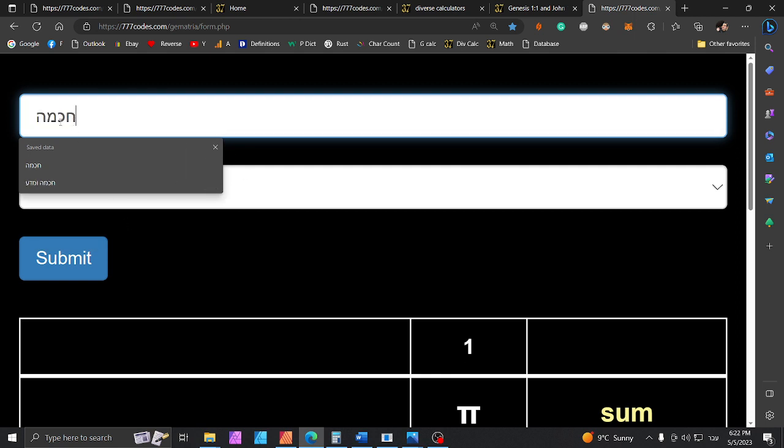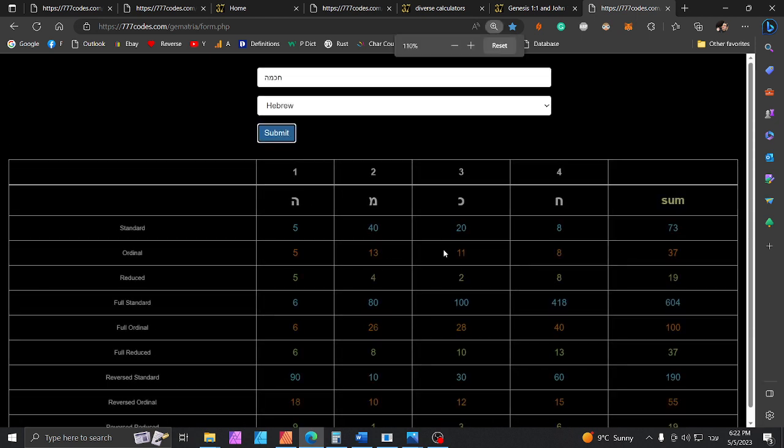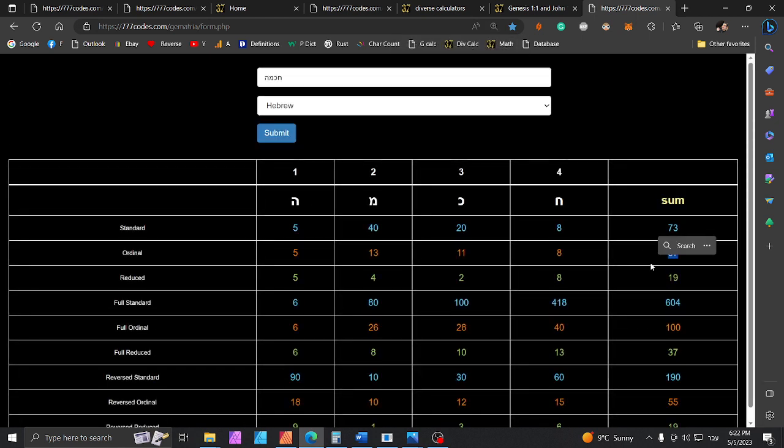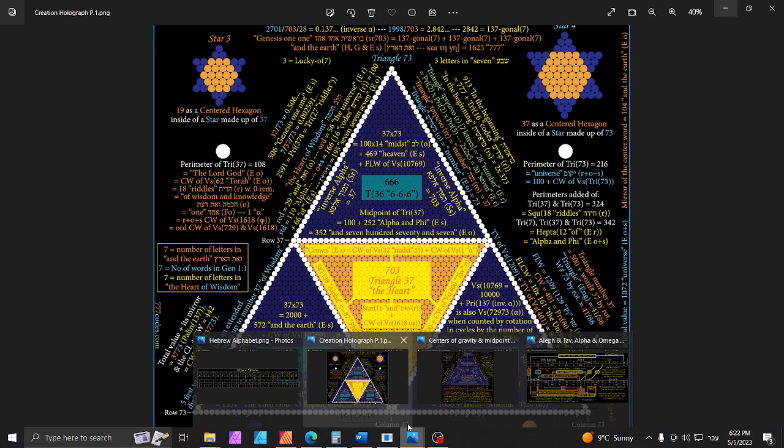It's chet, kaf, mem, and hey. Then you have the ordinal value as 37 and standard value as 73. Now, I need to proceed.